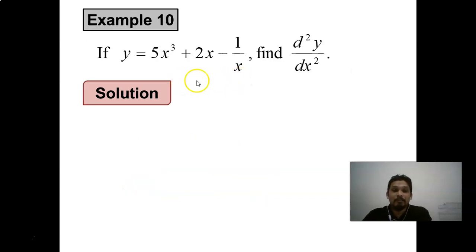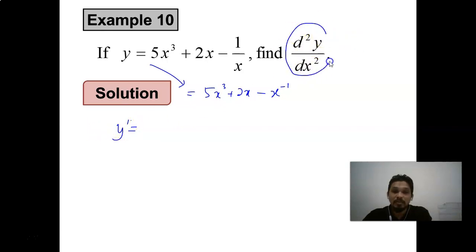Before we continue with the differentiation of this, I'd like to make an adjustment here, which is equal also to 5x cubed plus 2x minus x to the power of negative 1. Now y prime, the first derivative, and then the second derivative, which we define as y double prime.